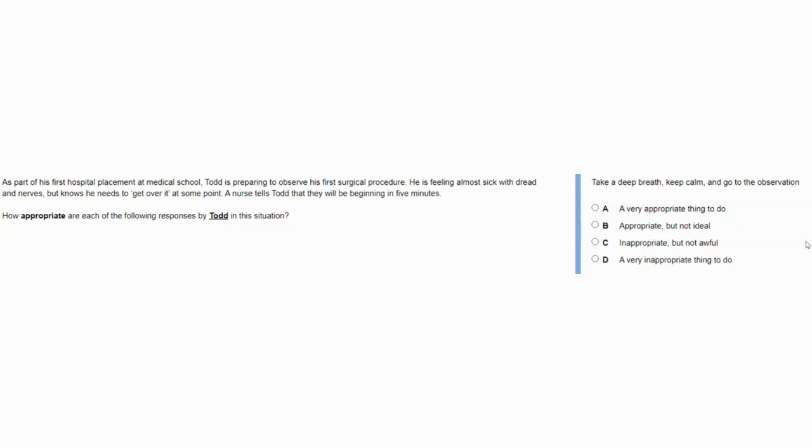I personally would. This might sound really stupid, but why is it inappropriate? Have I misread something? Why would it be inappropriate for him to just, because it says he takes a deep breath, he calms and goes to the observation. Yeah. But why is that inappropriate?